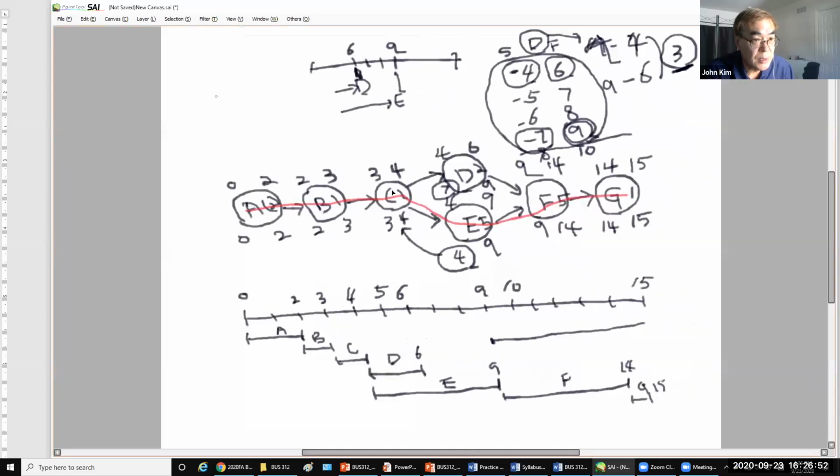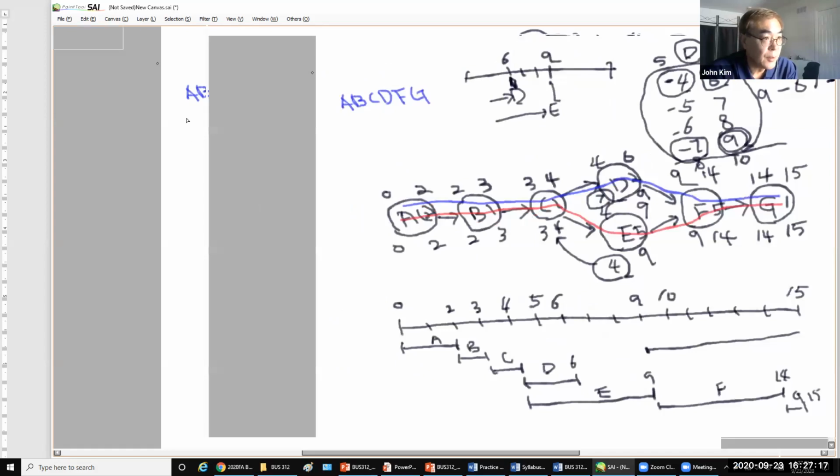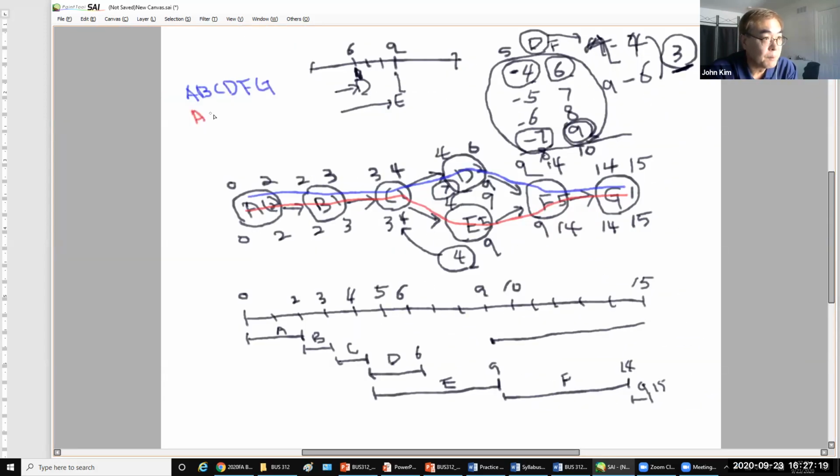A, B, C, D, F, G, and A, B, C, E, F, G. There are 2 possible paths.